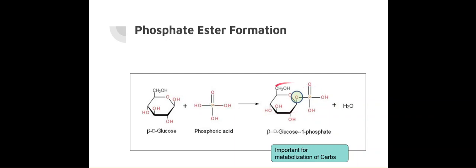And this is now a phosphate made from glucose. And this is a component that is very important in our bodies metabolizing carbohydrates. So this is like an intermediate step in a process for our bodies breaking down carbohydrates. We'll get more into this later.